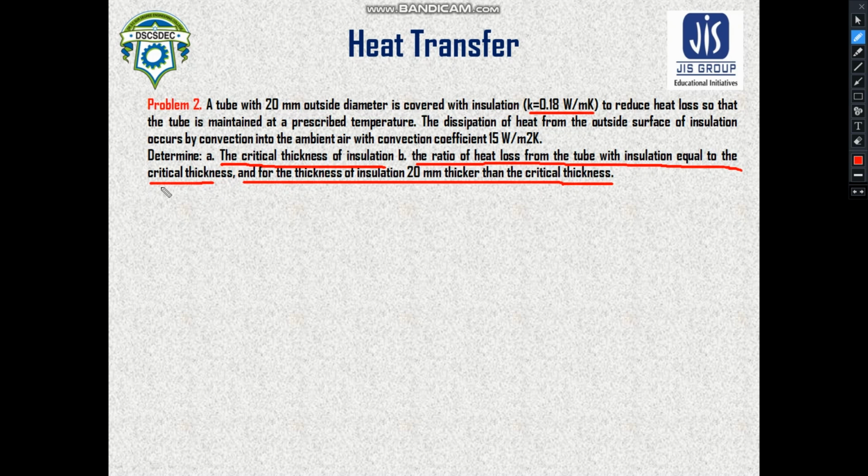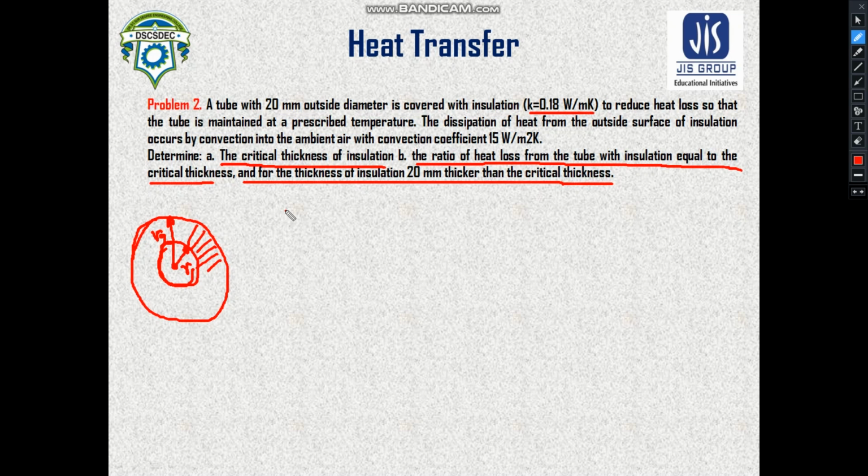So if you remember, I had already told this critical radius. If you take a cylinder here, and this is your inside surface, so this is your outside surface which has a radius r2, and this is your inside surface which has a radius of r1, and the layer of insulation is provided here.